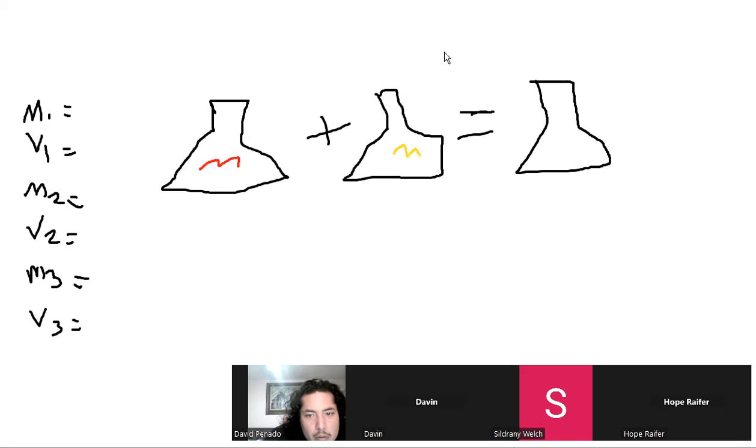And we got a different thing, and then we had to heat it up, like in lab. We get a solution. So the first solution is this, the second solution is this. We add them together, we get this. So the molarity would be the concentration of how much red is in here, and the concentration of the yellow in here will equal the concentration of orange. Not red, not yellow, orange.